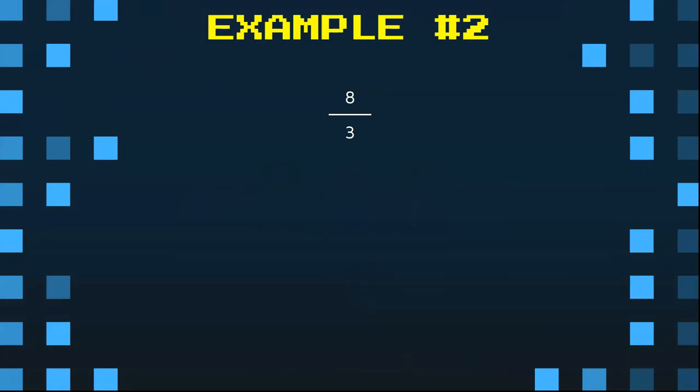All right, how about another one? Remember, you just immediately look at the denominator and think, how much is a whole? Well, what would a 1 be? 3/3. Okay, so we're going to start with 3/3. Now, could we do another 3/3? 3 plus 3 is 6.